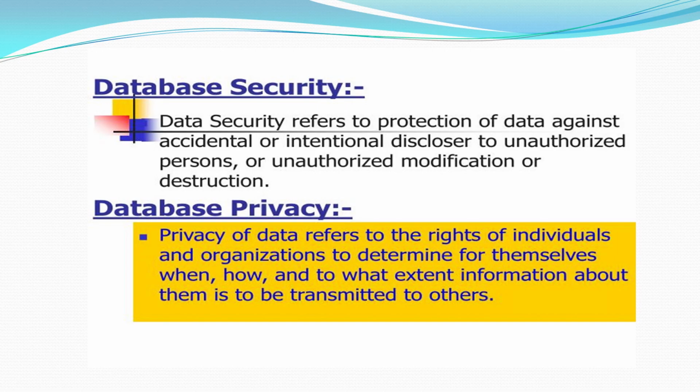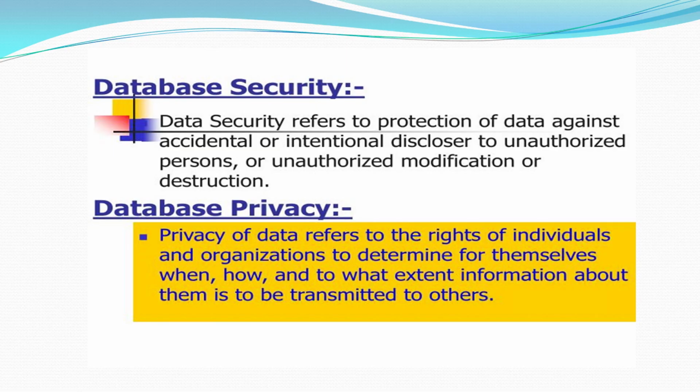So, the security aspect is one important aspect that is related to the database system. Data security refers to protection of data against accidental or intentional disclosure to unauthorized persons, or unauthorized modifications or destruction of data, which can be prohibited by storing data inside the database.